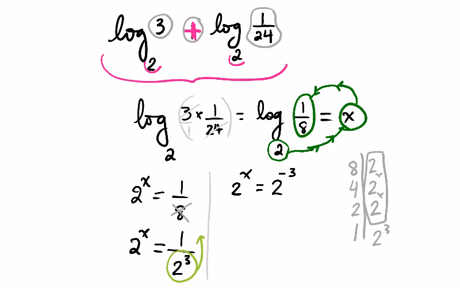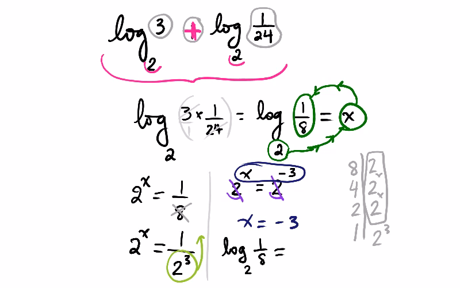Now the bases of these two powers are matching, so we can simply ignore them and say, here we are, x equals negative 3. So the very final answer of log of 1/8 in base 2 will be negative 3, because 2 to the power of negative 3 equals 1/8.